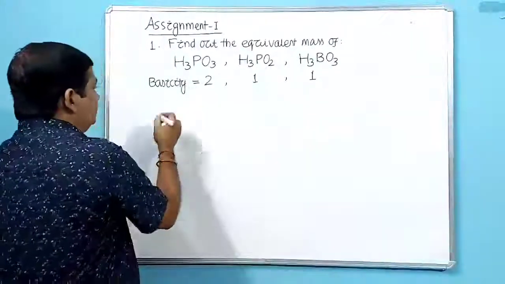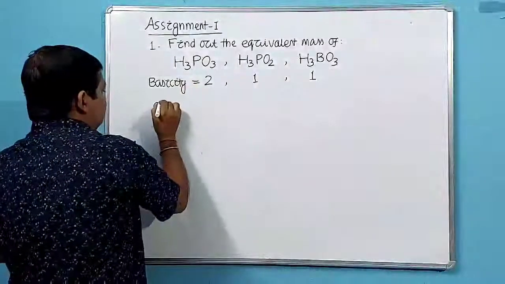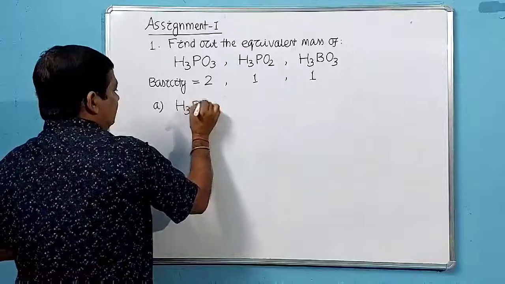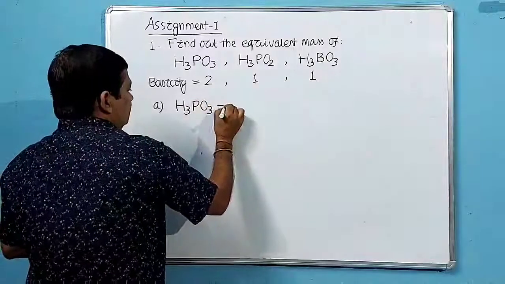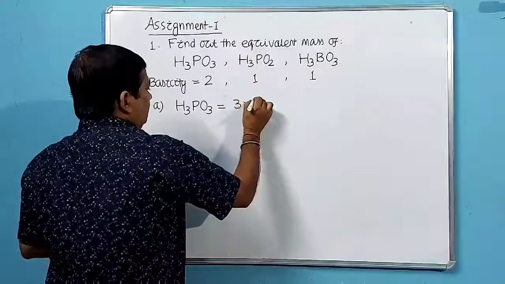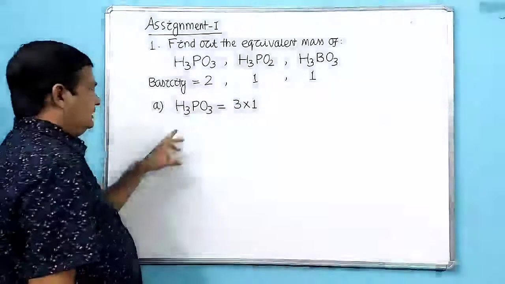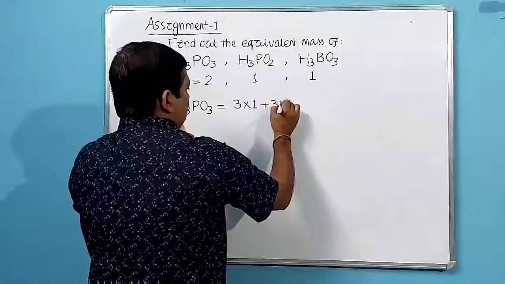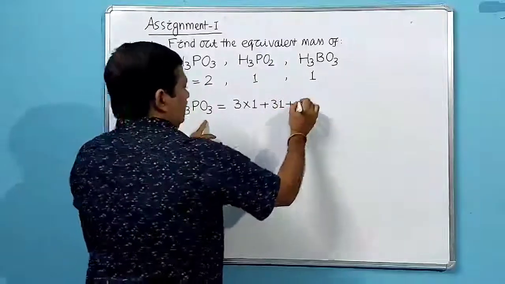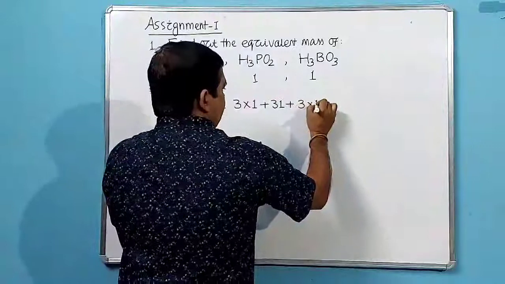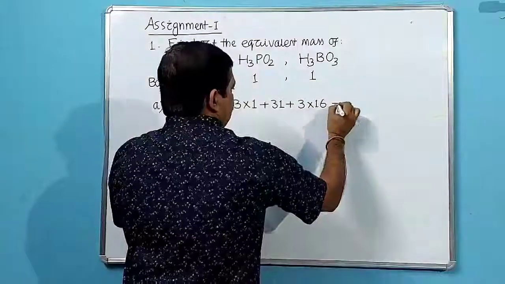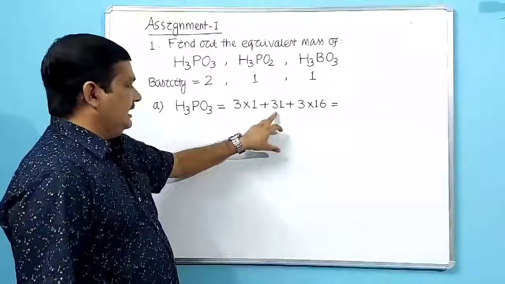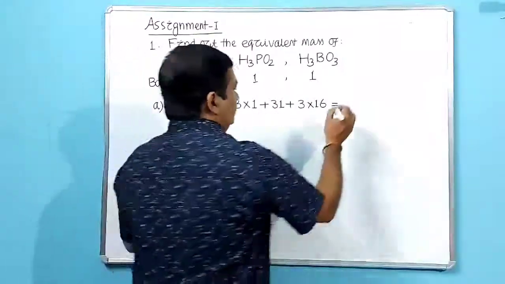First, let us find the equivalent mass of H3PO3, that is phosphorus acid. 3 into the atomic mass of hydrogen, 1, plus phosphorus 31, plus 3 into oxygen, 16. So what will be the molecular mass? 48, 49, 79 plus 3, 82.